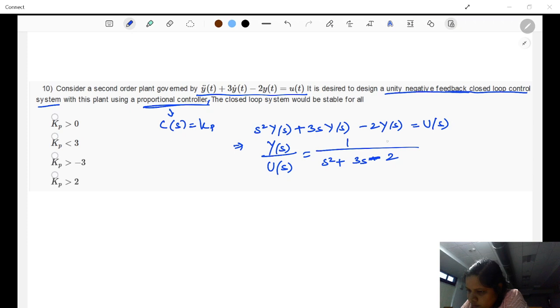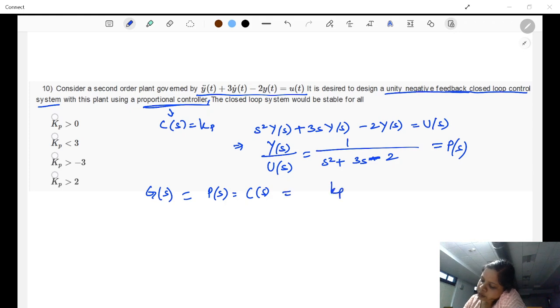Right? When you try to find out what G(s) is going to be, it would just be the multiplication of P(s) into C(s). So this is your P(s). So it would be Kp upon s square plus 3s minus 2.